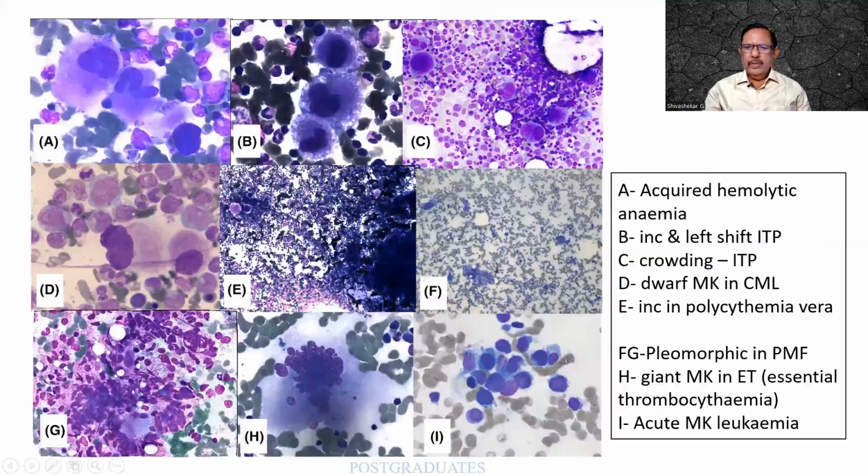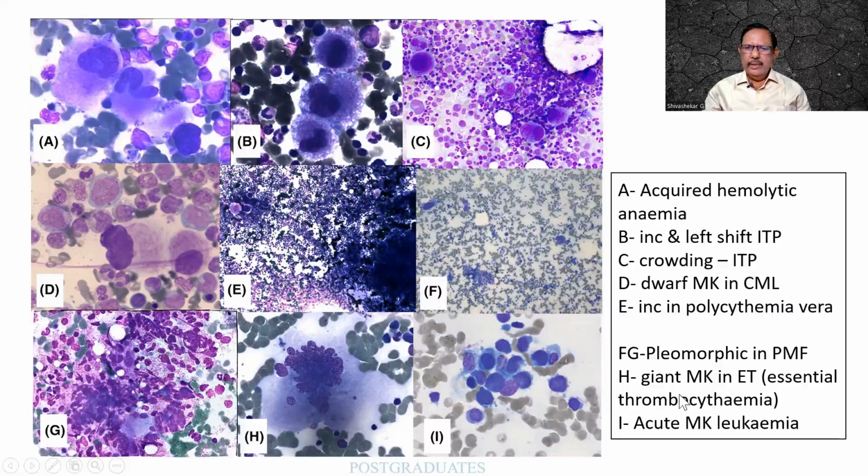And look at the wonderful range in which megakaryocytes can be seen. It can be in hemolytic anemia. It can be in a case of ITP, as in these two cases. Sometimes it can be because of chronic myeloid leukemia, where there is a dwarf megakaryocyte, or it can be in polycythemia vera. Again, there is an increase. Pleomorphic in a case of PMF.